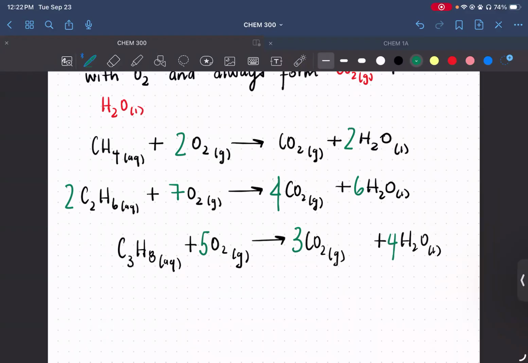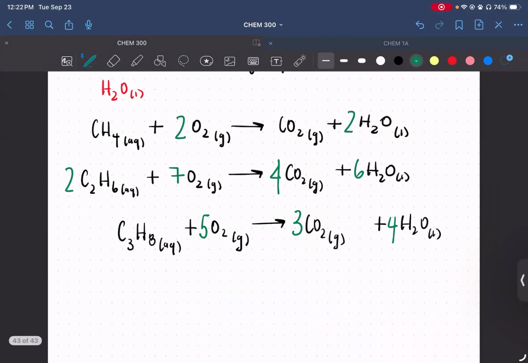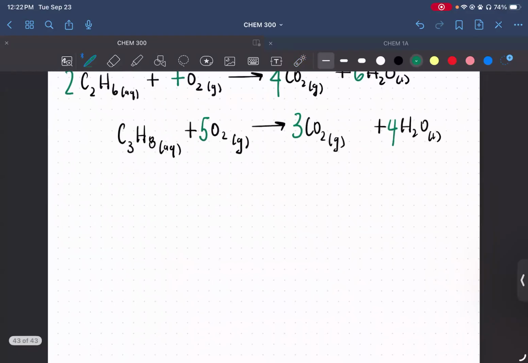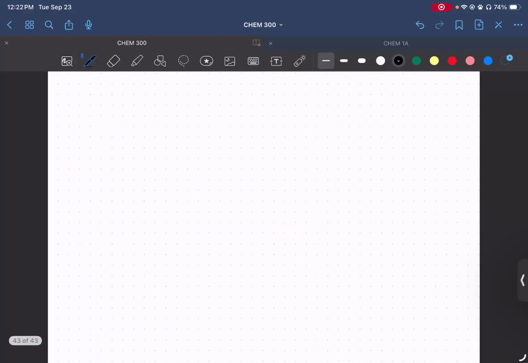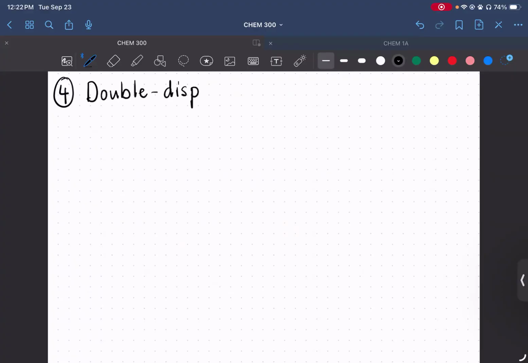Before we move on to our next type of reaction, does anyone have any questions? Okay. Our next big reaction archetype, that was number 3. Yeah, so number 4 is known as double displacement.